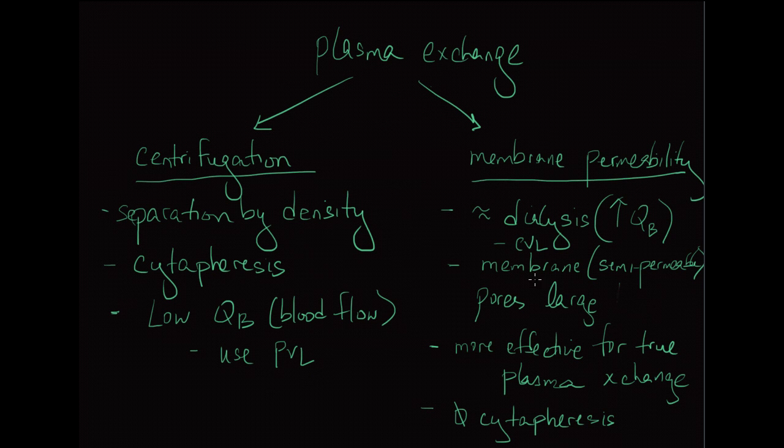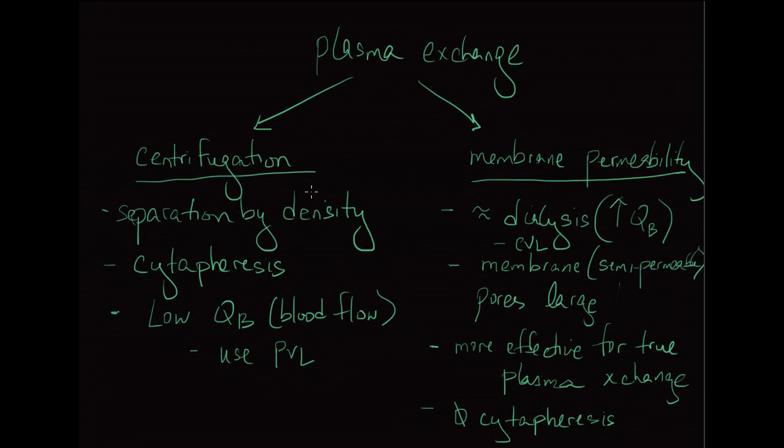So you have to expose the patient to the morbidity of a central venous insertion, and there's a delay in initiating membrane permeability because it takes some time to get the central line in. But if you have a patient who has a disease where there's abnormal immunoglobulins in the plasma and you want it to be the most efficient at executing plasma exchange, membrane permeability, if available at your hospital, would be the better option than centrifugation.